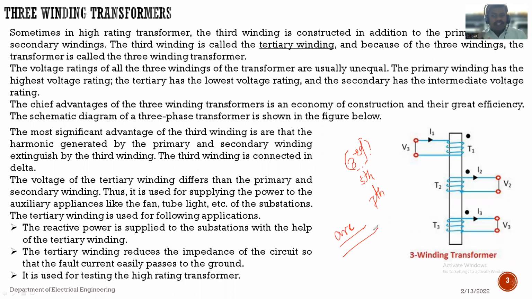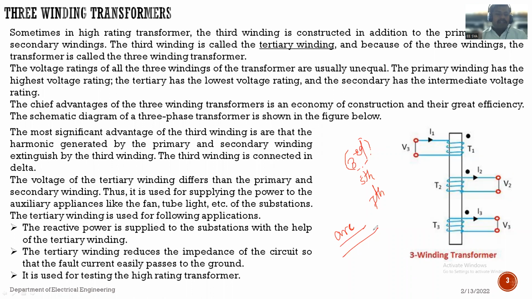So there are different types of circuit breaker. In switchgear equipment, there are different types of circuit breaker, depending upon how the arc can be extinguished. Suppose the arc is extinguished by using air, this type of circuit breaker is called an air circuit breaker.